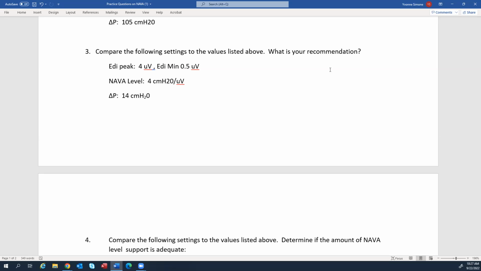So that tells us we're helping them too much with the ventilator. We want to take back some of the work of the ventilator and let them work a little bit more to keep that in range of 5 to 15 microvolts. So NAVA level of 4 should be reduced.